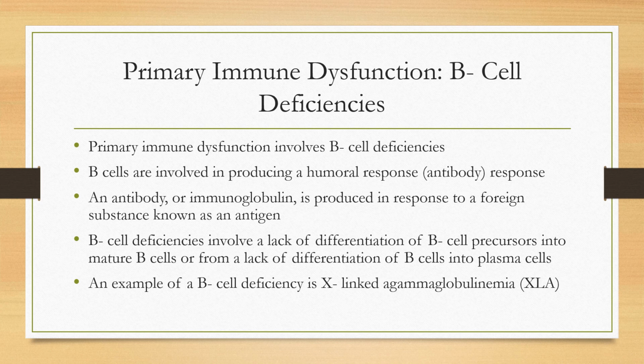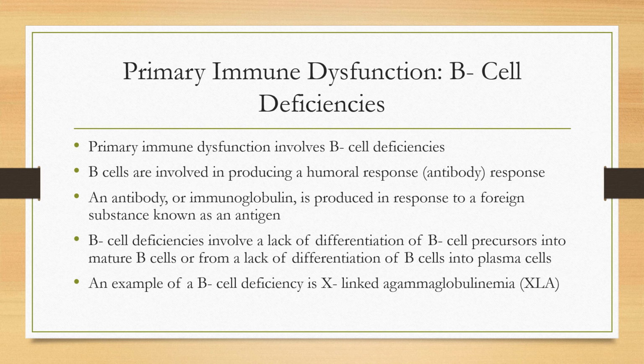An antibody or an immunoglobulin is produced in response to a foreign substance known as an antigen. So remember, the antigen is going to be the trigger, right? So now there's something that my body is seeing as foreign. It doesn't like it, and so it is going to produce an antibody to fight off this foreign substance.